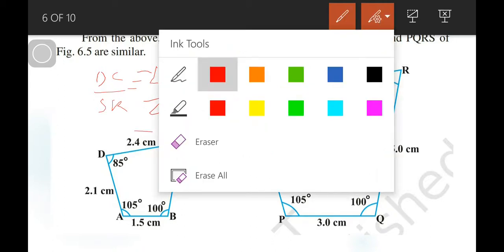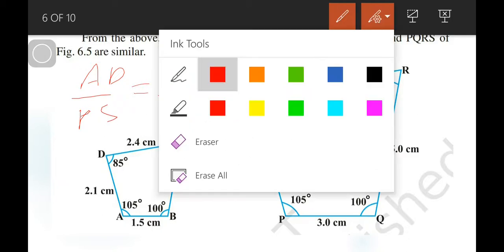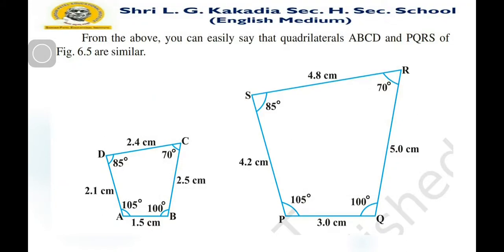Now the last corresponding sides, AD upon PS, is equal to 2.1 over 4.2, which is also equal to 1 over 2. So you can see that all the ratios are equal. So corresponding angles are equal, and the corresponding sides are in the same ratio. So we can see that both the figures are similar to each other.